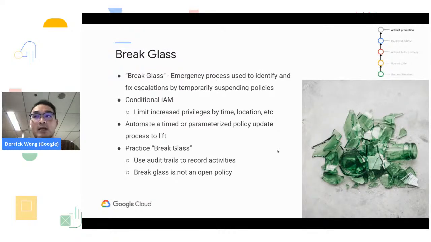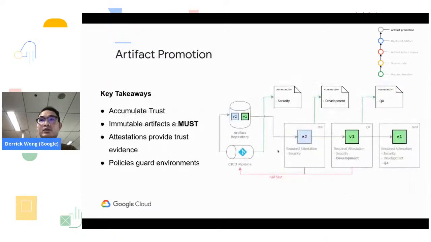Break glass. As I mentioned, if we go back to here, in order to push the application to production environment, if we have this policy saying required X, Y, Z attestation, as you can imagine, the time required will be quite long, because it needs to go through dev, test, QA, staging, etc. Some of the clients I met have 7 different environments before going to production.